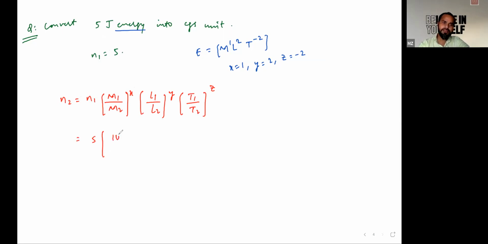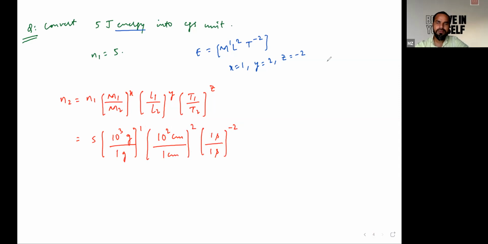M1 was 10 to the power 3 gram divided by 1 gram whole to the power 1. L1 is 10 to the power 2 centimeter divided by 1 centimeter whole to the power 2, and T1 is 1 second divided by 1 second to the power minus 2.